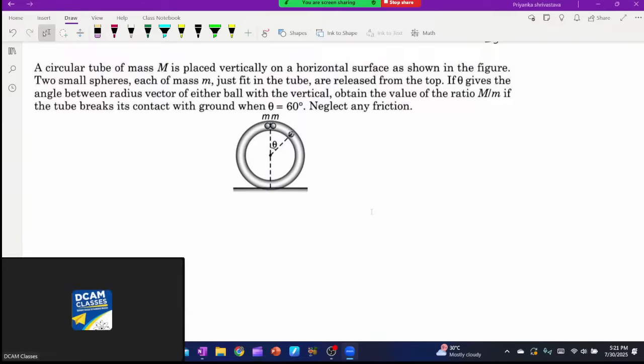So the answer is 1:1. Means capital M equals small m.